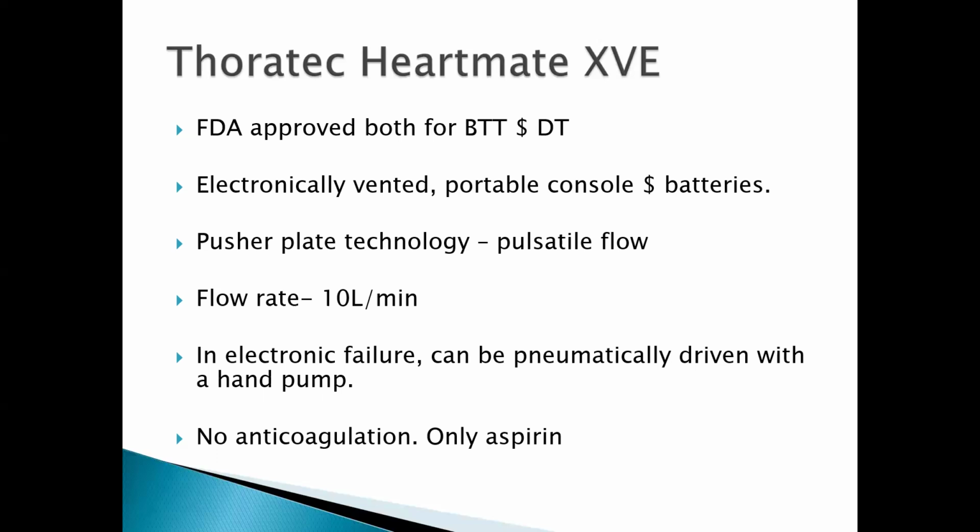It works through pusher plate technology, and the mechanism is pulsatile flow. It has a flow rate of 10 liters per minute, and in electronic failure, this Thoratec HeartMate can be pneumatically driven with a hand pump. So one of the good things about it is that when the electricity fails, you can use a hand pump, though that would be quite cumbersome.